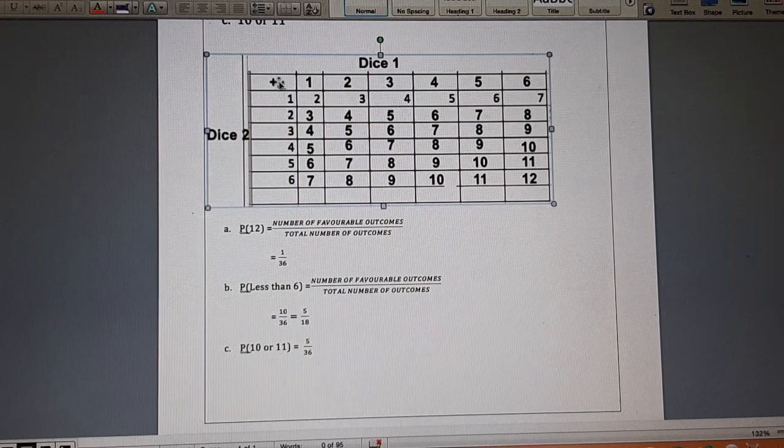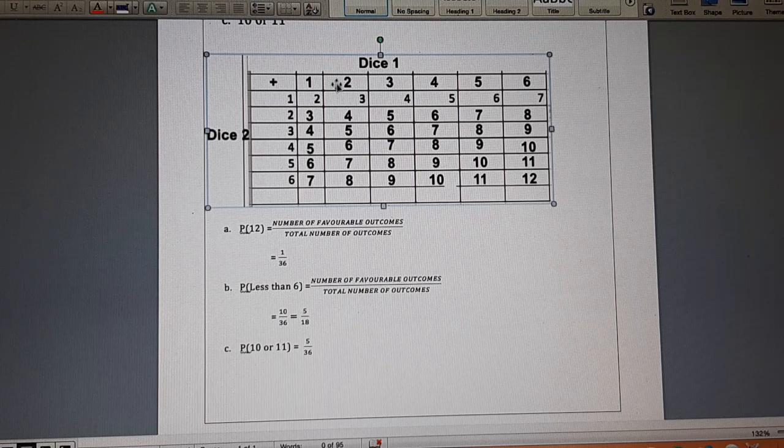These are in the vertical column, while the horizontal one is for dice 1. This plus indicates that we are going to add the scores of the 2 dice. Suppose dice 1 has score 1 at the top, while dice 2 also has 1 at the top. So adding them, 1 plus 1 will give you 2.